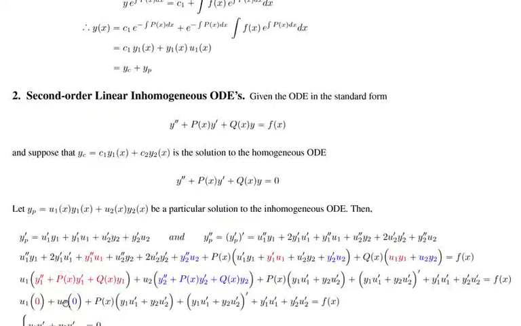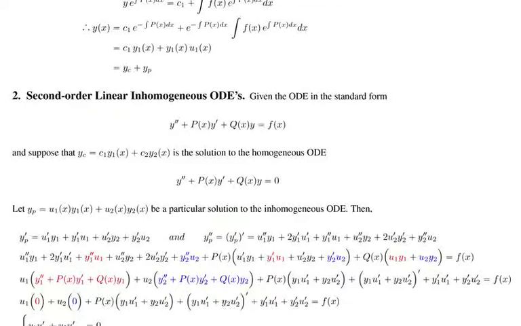So after simplifying the first two terms, I'm left with the following form. Recall that our goal is to find u1 and u2. In here the terms that are left are u1 prime, u2 prime, and so on. So our goal is at least to find what u1 prime and u2 prime are.